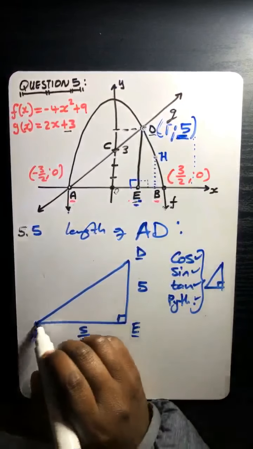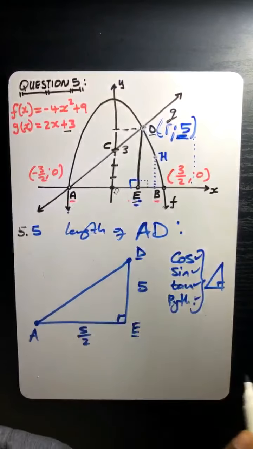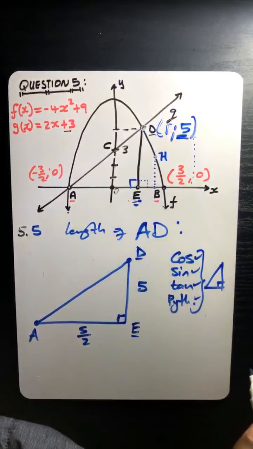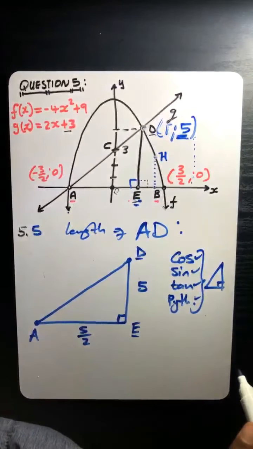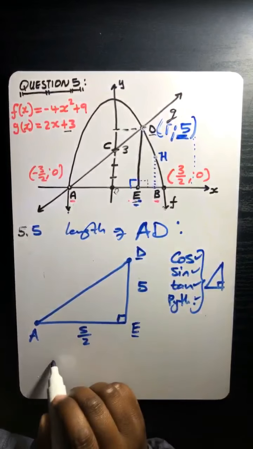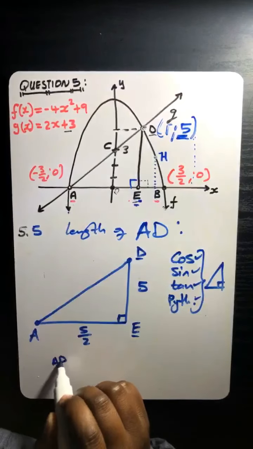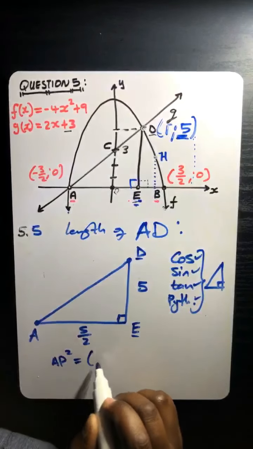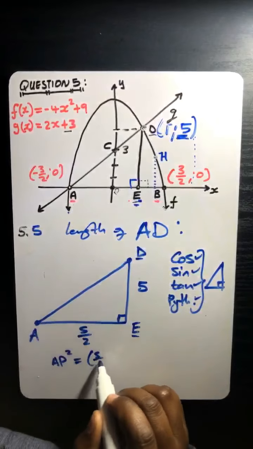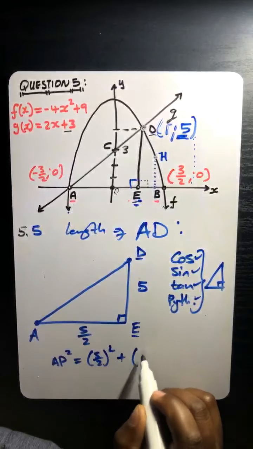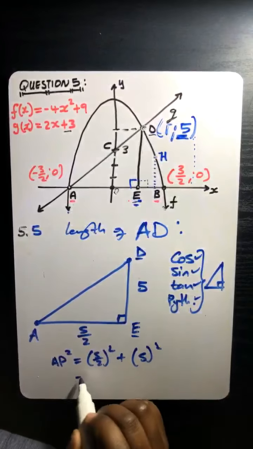So can you guys see that AD is the hypotenuse? Do you agree with me on that one? Yes, sir. Easy. What is AD? Can someone calculate? AD is going to be the square root of 5 over 2 squared plus 5 squared.